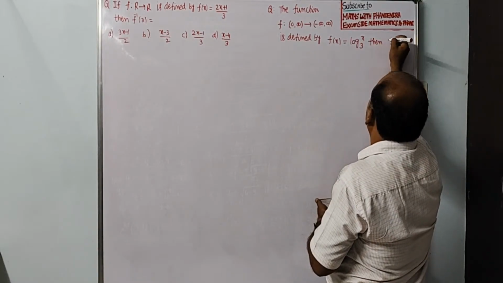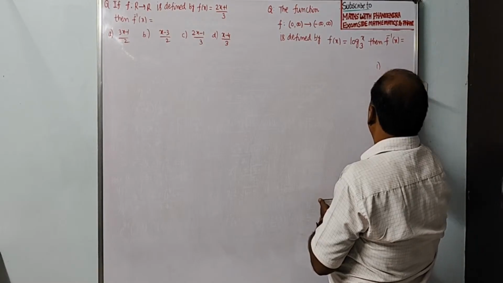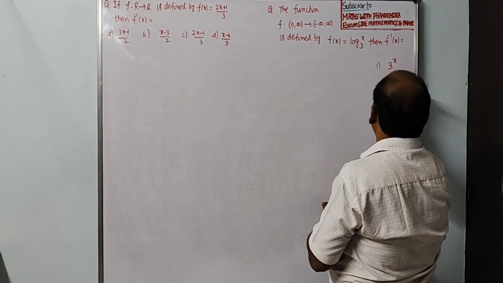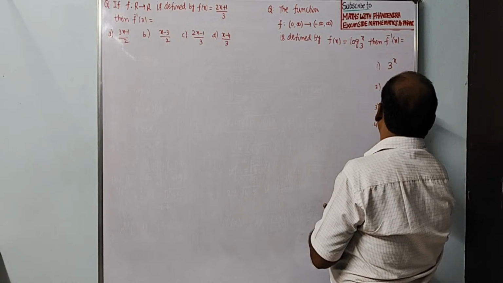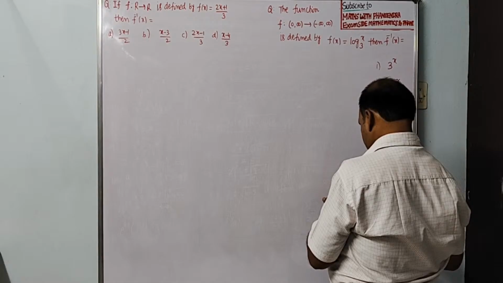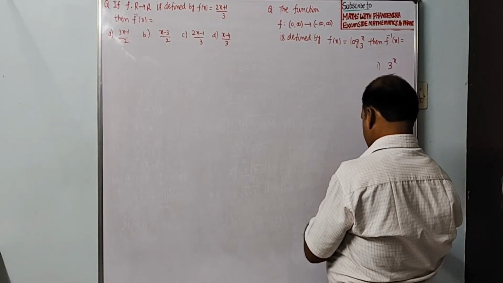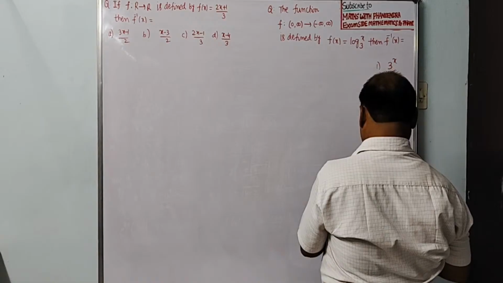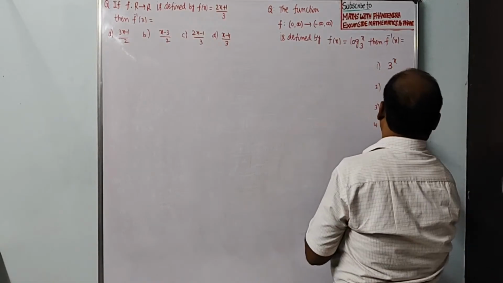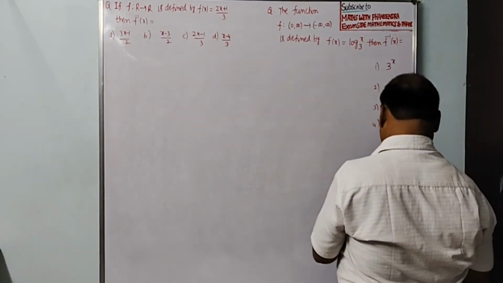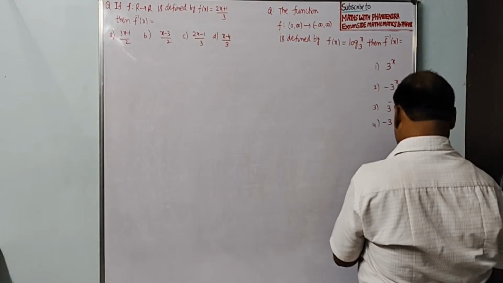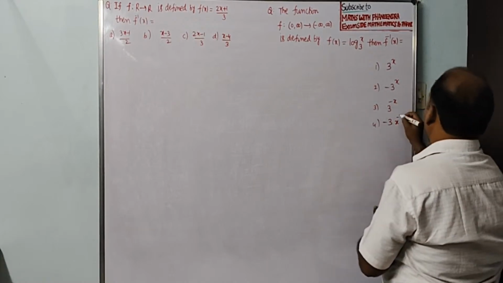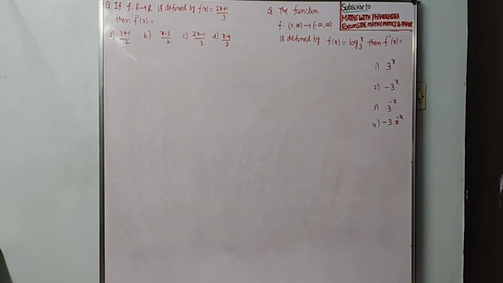Then f inverse of x equal to... 3 power x, 3 power minus x, and so on. So these are the options, dear students.